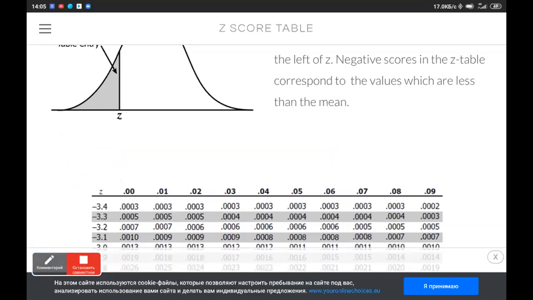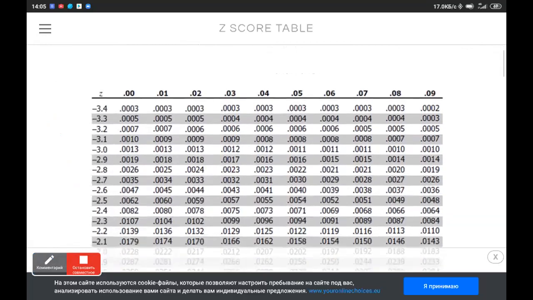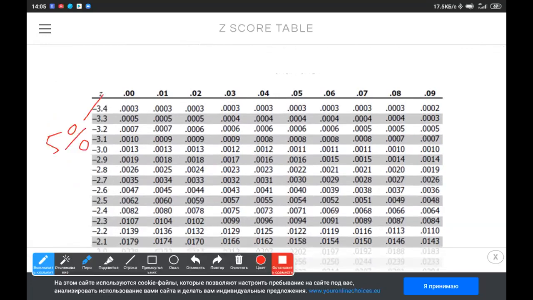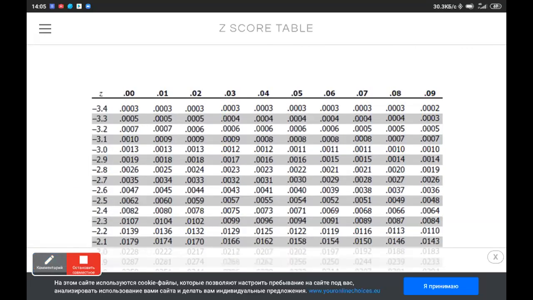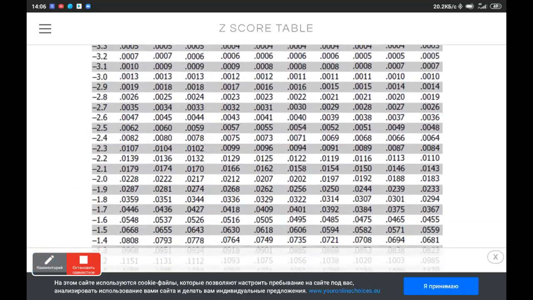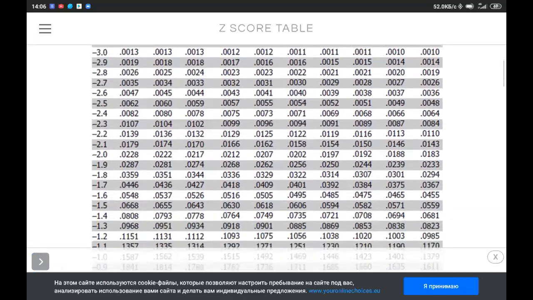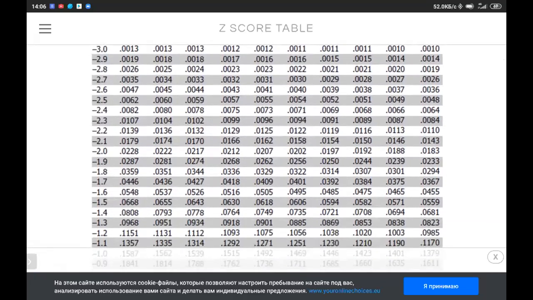So I go to the table and I look for the 5% entry. Here we have, oh, no, it's still too small. Let me look further. We need 0.5. And it's somewhere here.